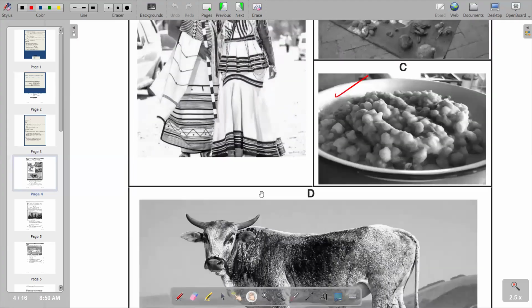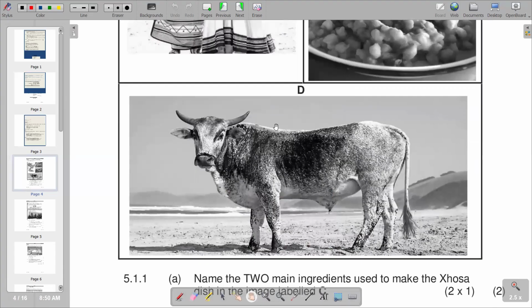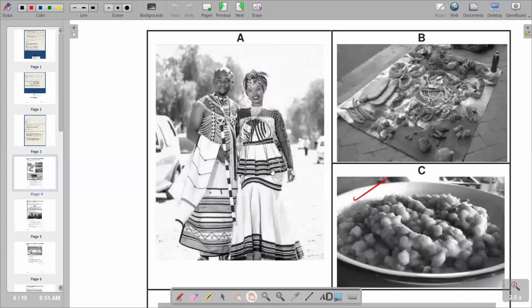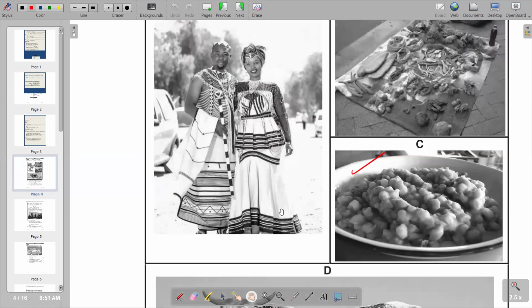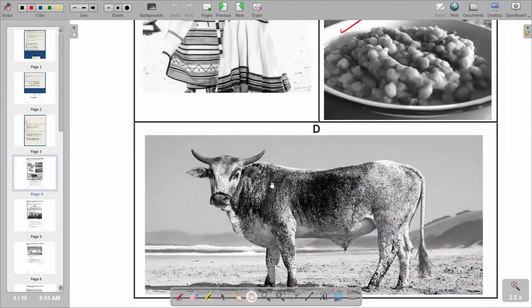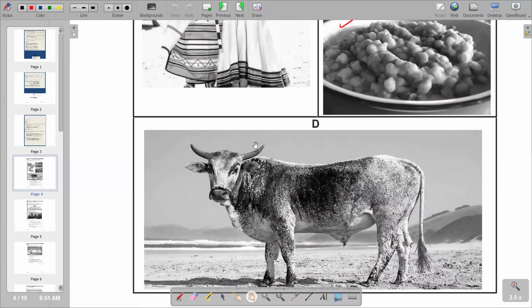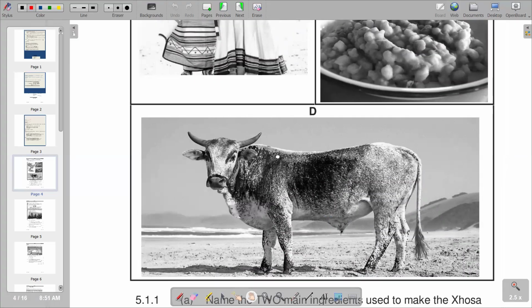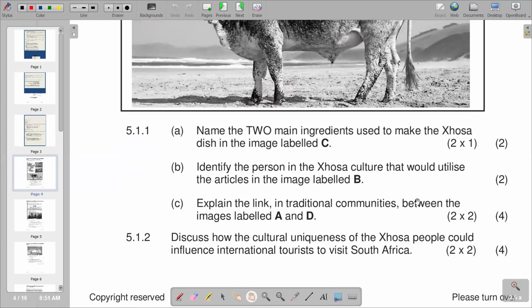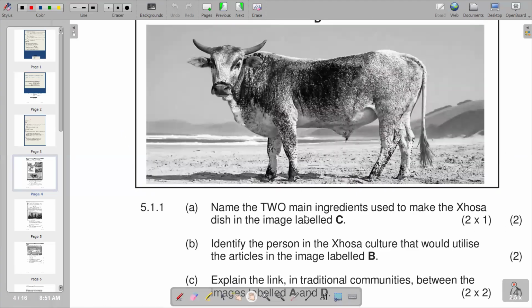And then if you go to D, we are seeing that that is a cow. So obviously, the dressing there appears to be what is worn at a gathering of lobola. So basically, we can relate that to lobola, and the cow is also used to pay lobola. So this is the process of paying lobola.